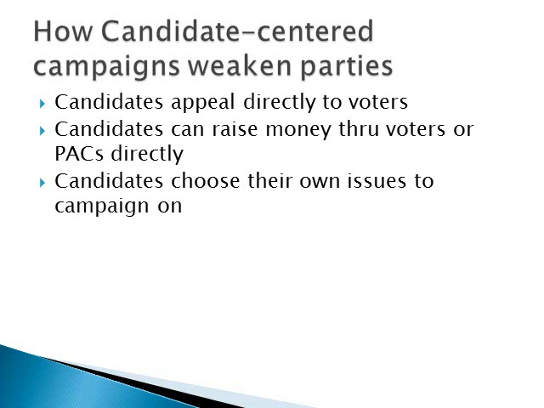Candidates can appeal directly to voters. Sound familiar? Candidates can raise money through voters or PACs directly. In other words, candidates don't need to get their money from the parties in order to run for office. And candidates choose their own issues to campaign on as a result of candidate-centered campaigns. And you can look at this and see how this works out.